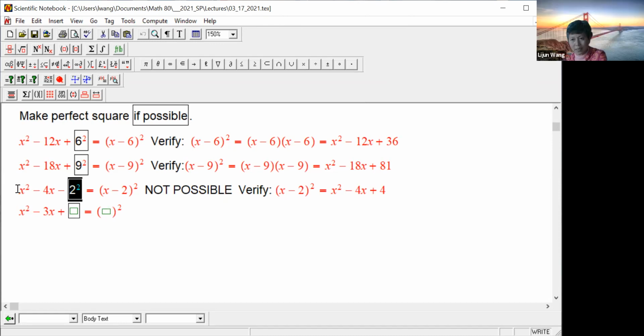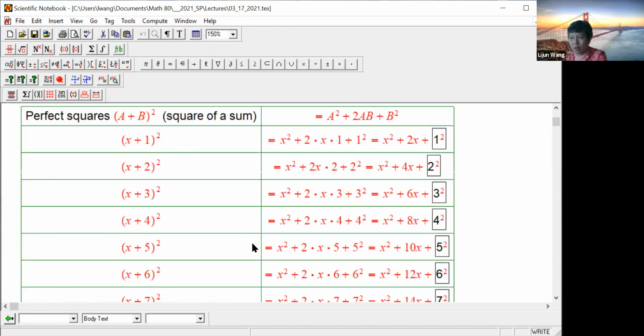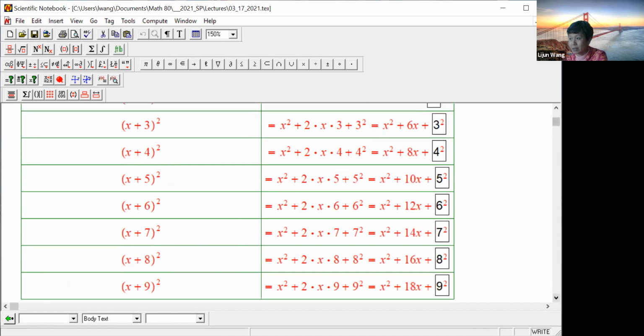The reason I give this question is I want you to notice on both columns of A plus B on alpha 17, it's all about plus. Perfect squares are always adding. There's no subtracting.